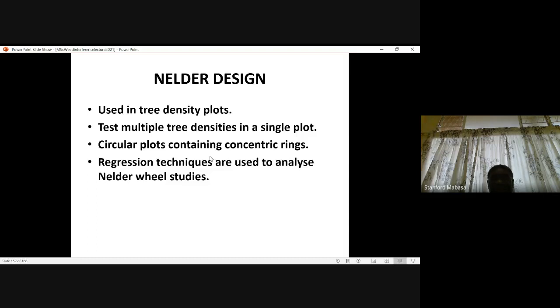They have what are known as circular plots, which contain concentric rings. So in a smaller plot, you can get the information which you want about density. This will be about competition. Regression techniques can be used to analyze the data. The plots look like wheels, no wonder they are called Nelder wheel studies.